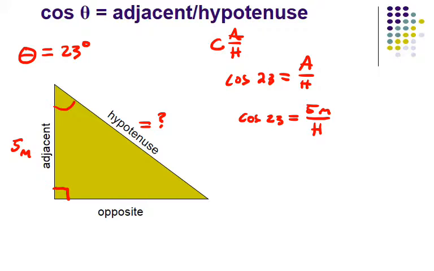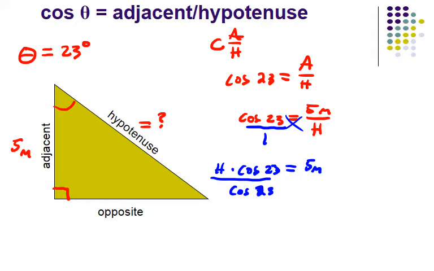And so here's another case where we have to be careful with our algebra and cross multiply. So the cosine of 23 times the hypotenuse equals 5 meters when we cross multiply. So we're going to have to divide both sides by the cosine of 23.